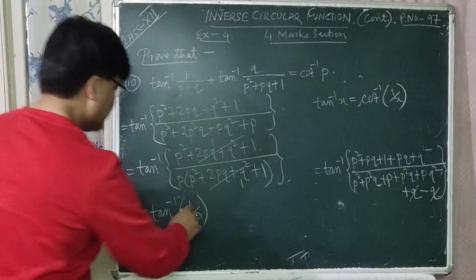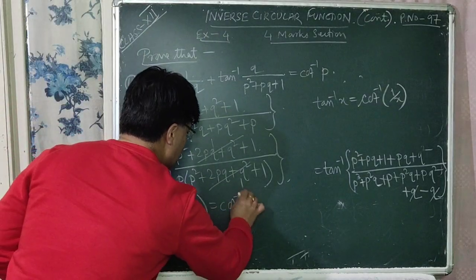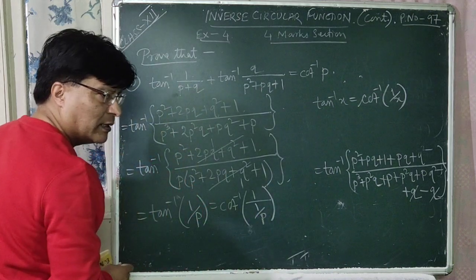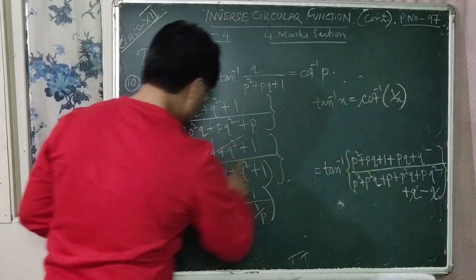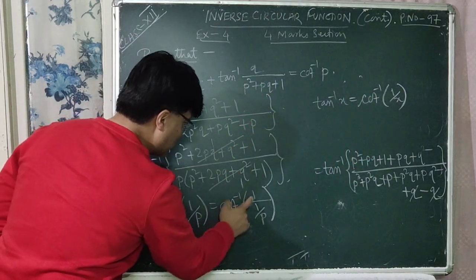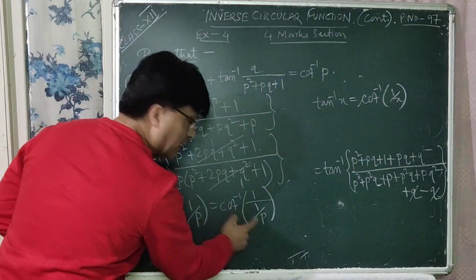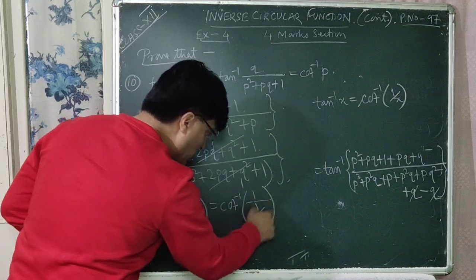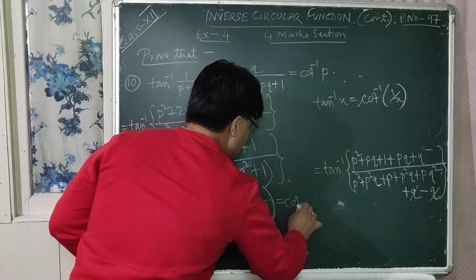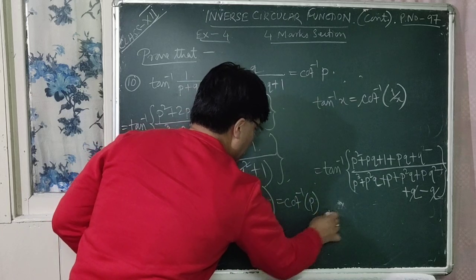Similar here also, which is equal to cot inverse 1 upon 1 by P. Instead of x there is 1 by P, so formula is cot inverse 1 by x, so it is cot inverse 1 by, what is x here? 1 by P. So write it in the denominator. When you simplify it, this P goes up in the numerator, so which is equal to cot inverse P.